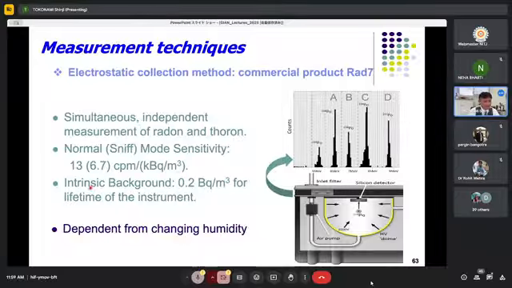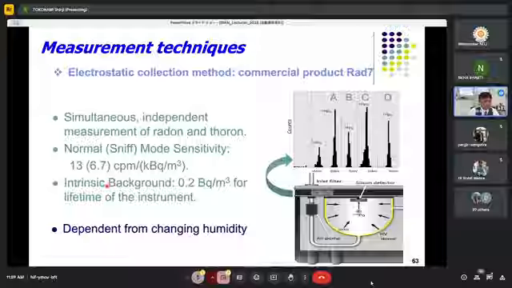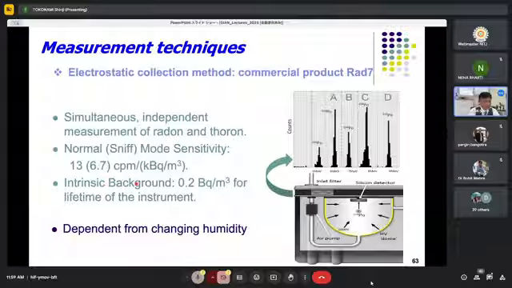Intrinsic background is 0.2 becquerel per cubic meter for the lifetime of the instrument. It is dependent on changing humidity.